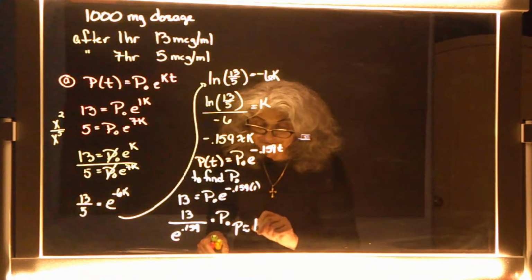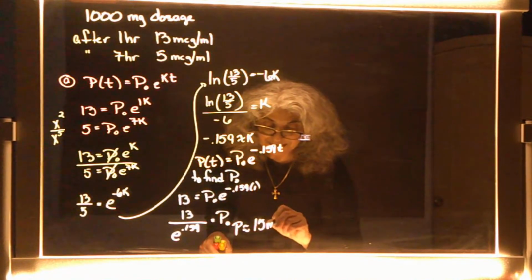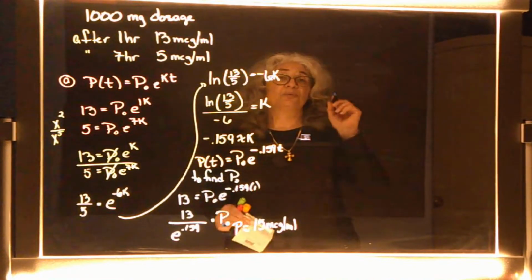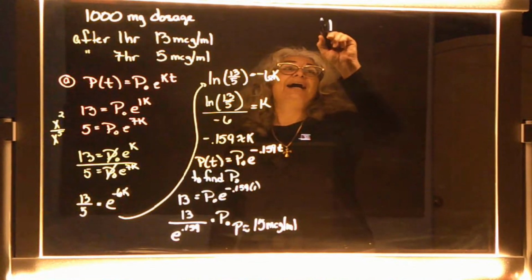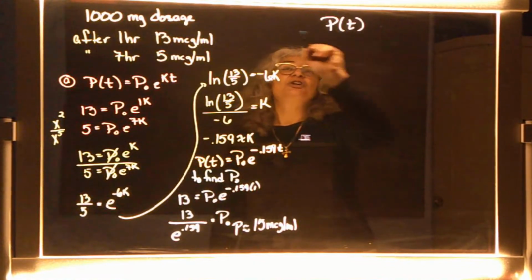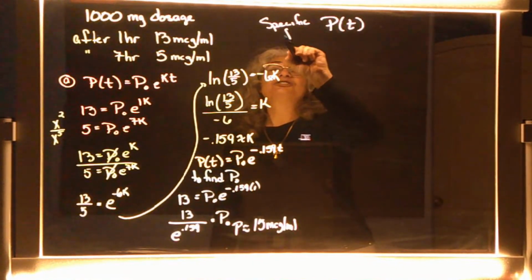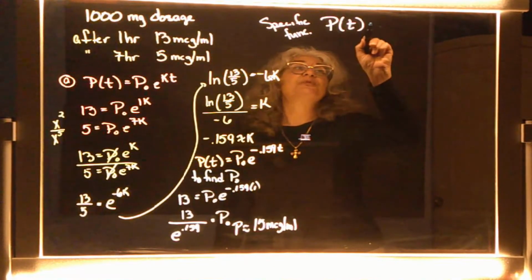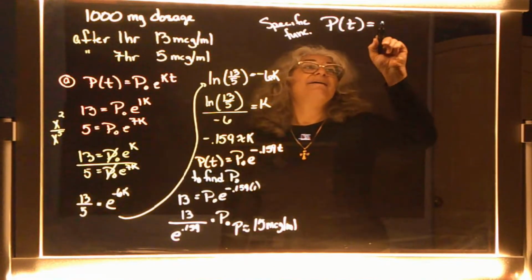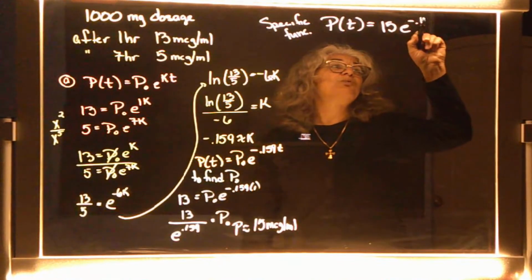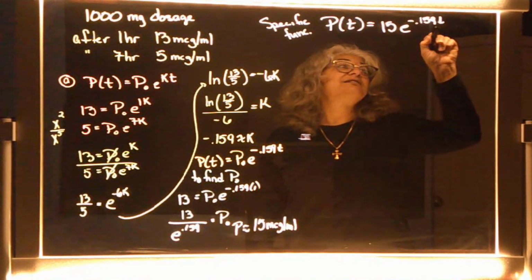I got approximately 15 micrograms per milliliter, which means your actual function, your specific function for this particular problem is P of t equals 15 times e to the negative 0.159t.